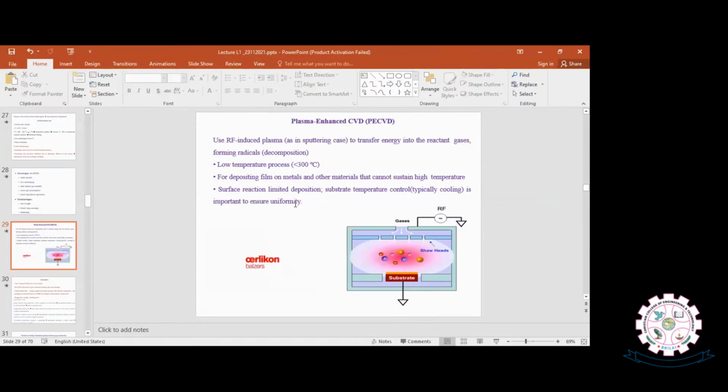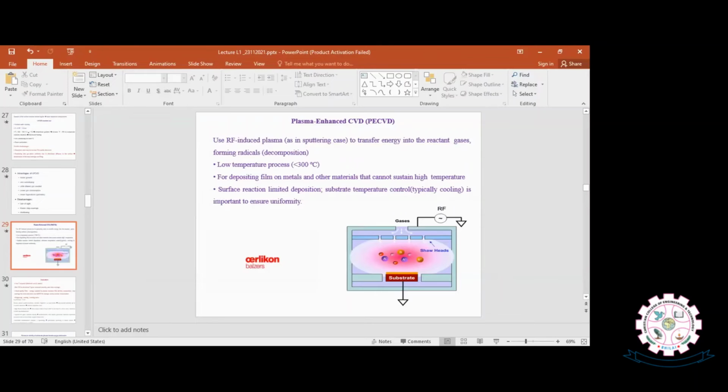So what they do is employ plasma to break the bonds between the molecules. That is what happens in plasma enhanced CVD. I use plasma in order to break the bonds between the molecules. That is plasma enhanced CVD.